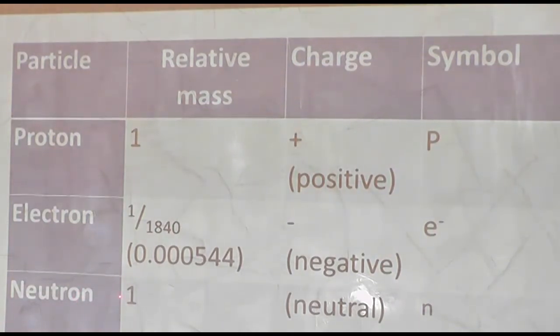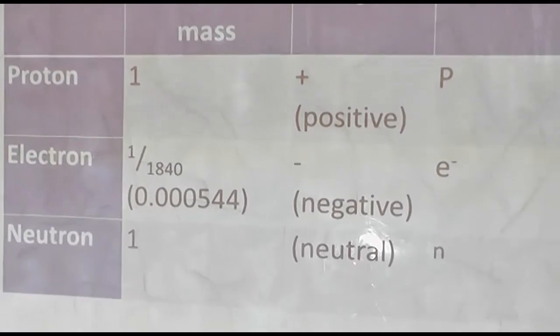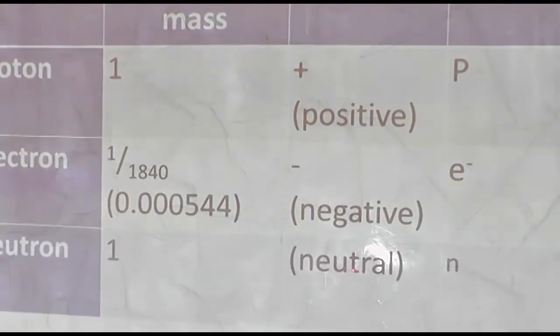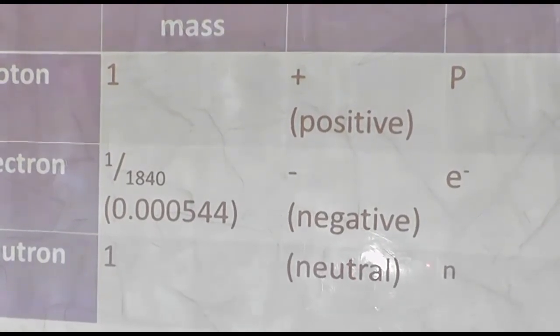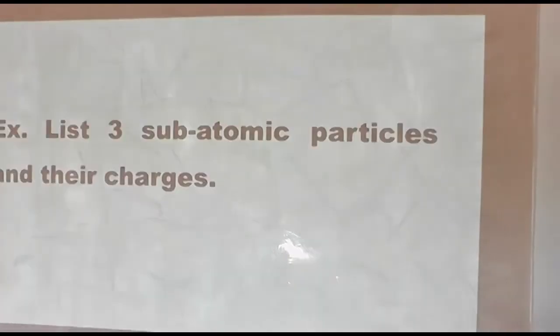While for neutron, the relative mass is 1. And remember, I told you that the mass of a proton is equal to that of a neutron. The term neutron means neutral. Hence, the neutron has no charge, and it is regarded as neutral, meaning it is neither positive nor negative. And the symbol with which it is represented is N.